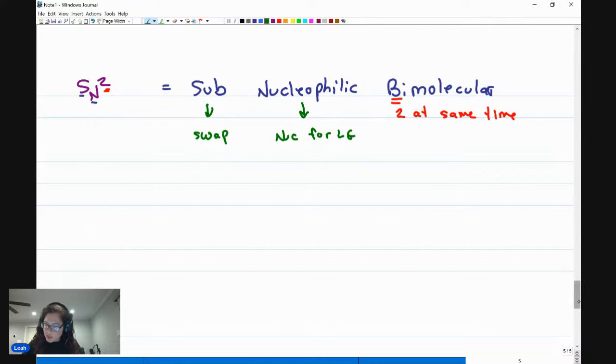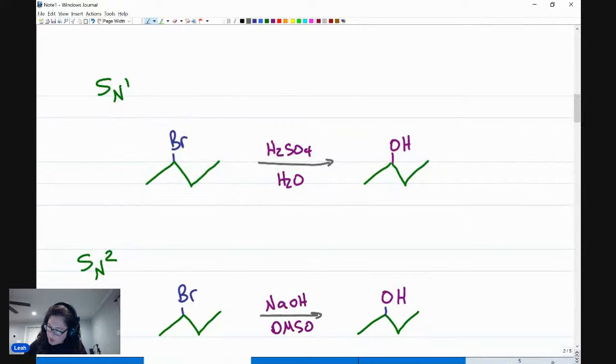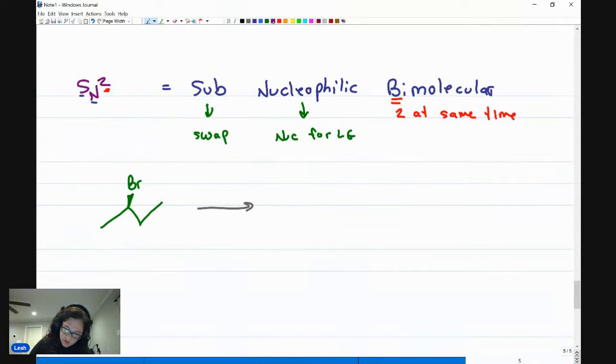So let's see what that looks like in a mechanism. We'll use the same molecule I had at the start, where I'll give you a bromine as the leaving group. And what did I use over here? NaOH and DMSO. So let's use the same thing again. NaOH is not a neutral molecule.